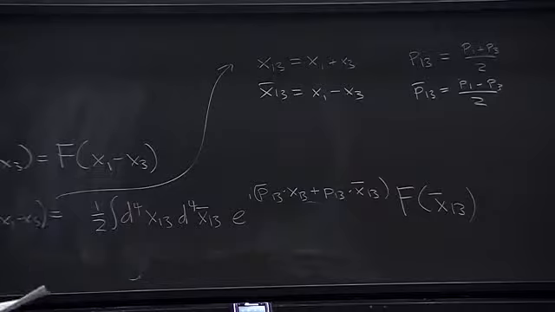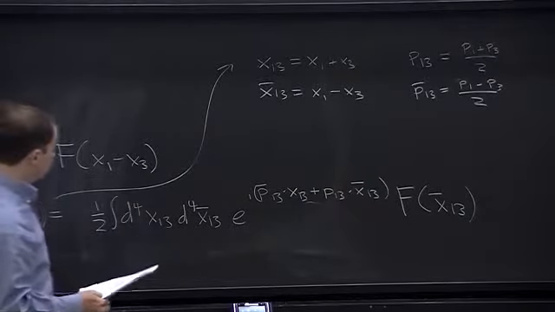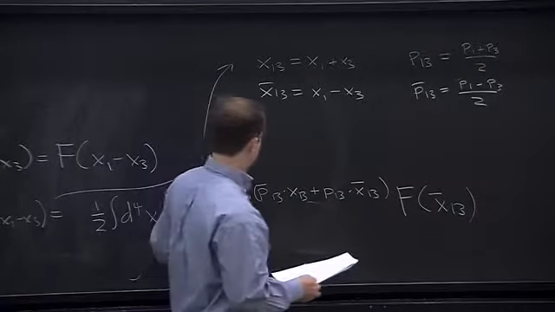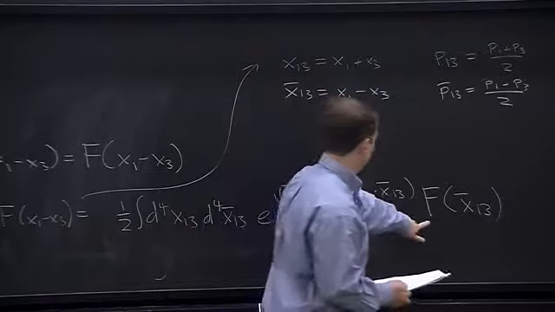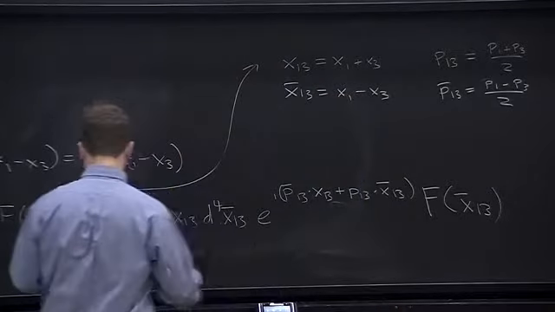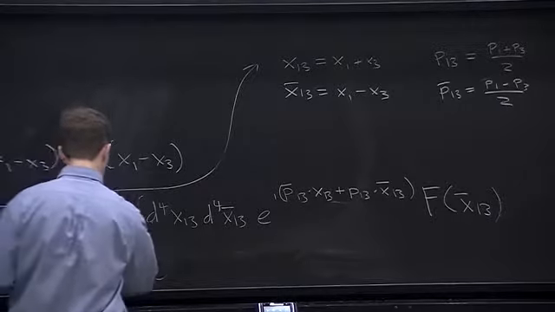And so after we've done this change of variables, we are now just doing a Fourier transform of F. So we can write F in terms of its Fourier transform.